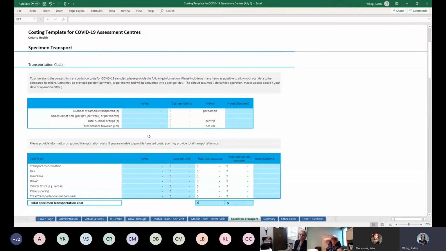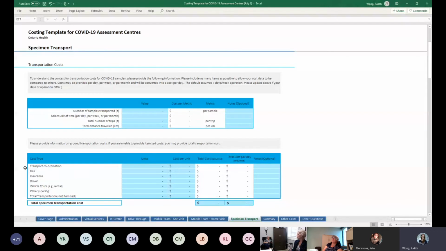Fill out as much of this as you can because transportation costs can vary based on your volume as well as your geography. So we're looking for information on your samples transported, the number of trips that you have to do, and the total distance traveled, which will give us different views onto your cost structure and how it may compare or differ to other sites.